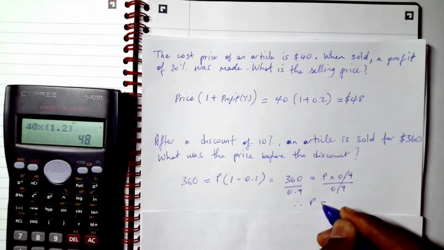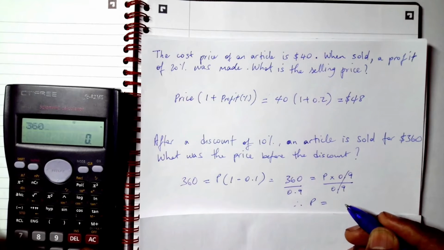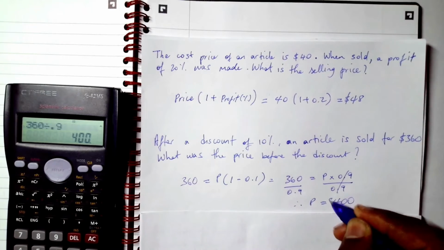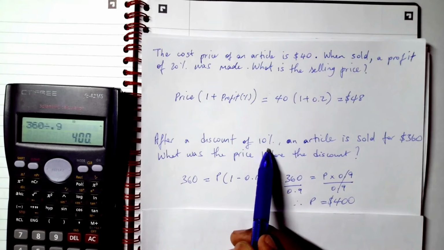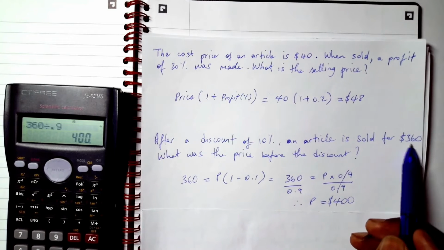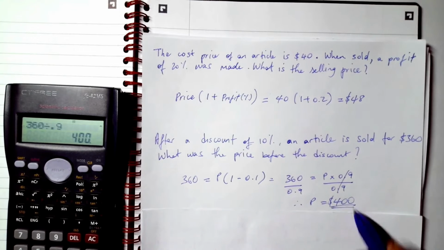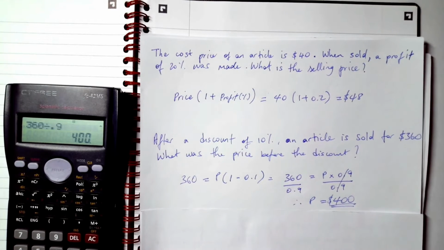Therefore, P is equal to 360 divided by 0.9, which is 400. So after a discount of 10%, an article is sold for this. What was the price before the discount? This was the price before the discount. All right, wonderful.